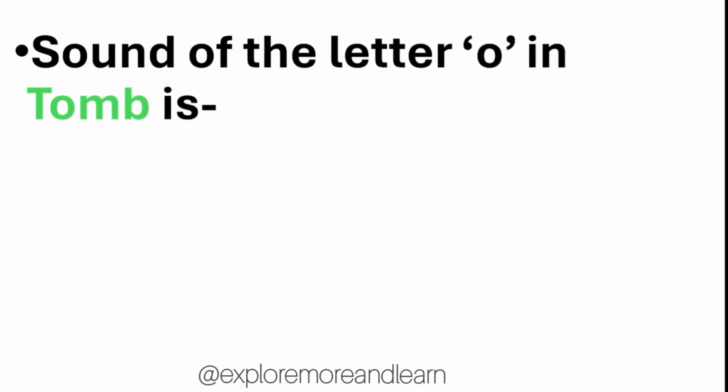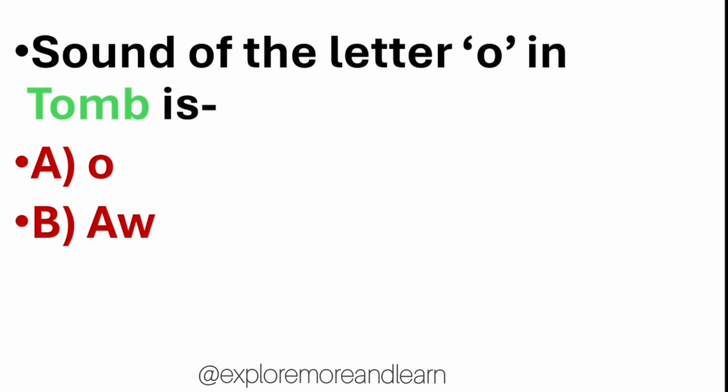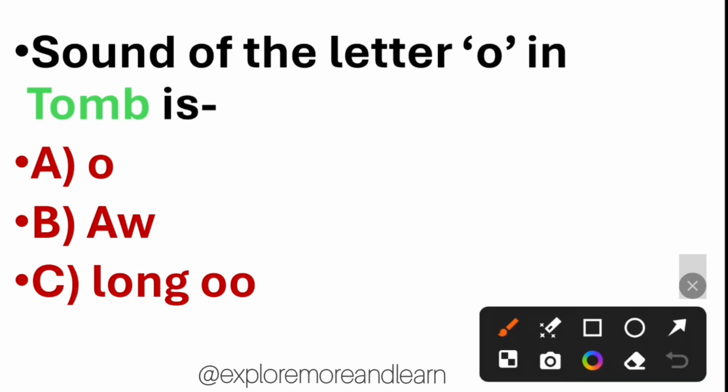Now the next question. What is the sound of the letter O in this word? Is it the short o, like tom, or long oo, like tomb? I'm asking about the sound of the letter O. Let me tell you the answer.